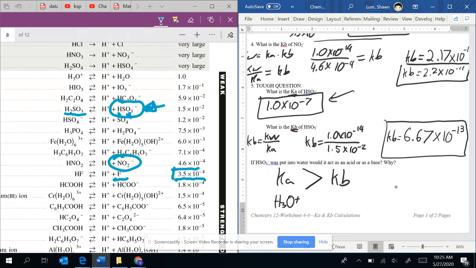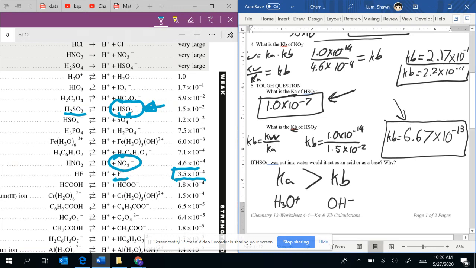It'll ionize more than the Kb. So the HSO3 will make more H3O plus than it will make OH minus, because it ionizes more as an acid than it does as a base.